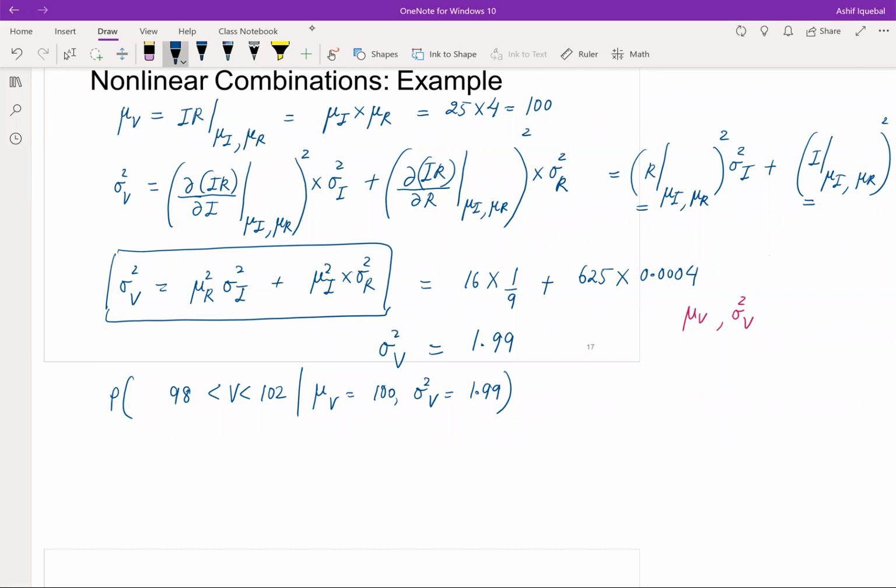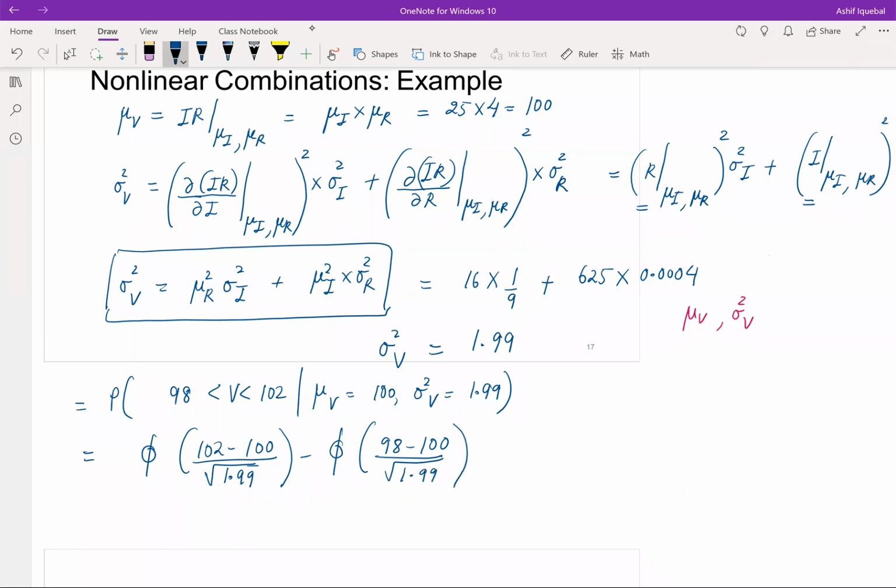Once we have these values, we just have to plug in the values. This is again a normal distribution. This is a standard normal distribution. So this is phi of (102 minus 100) divided by square root of 1.99, minus phi of (98 minus 100) divided by square root of 1.99.